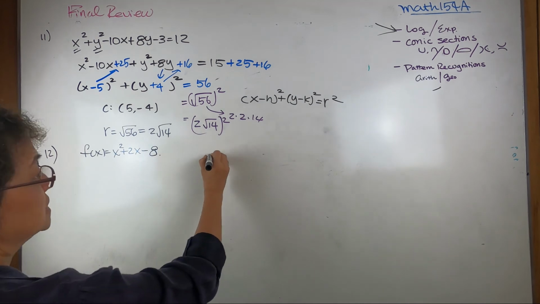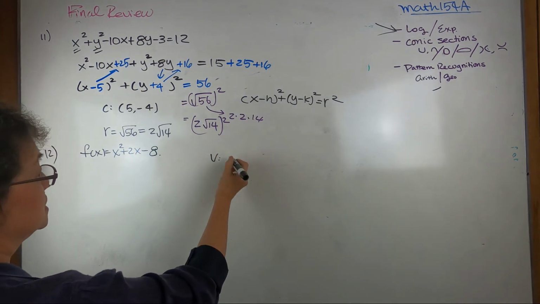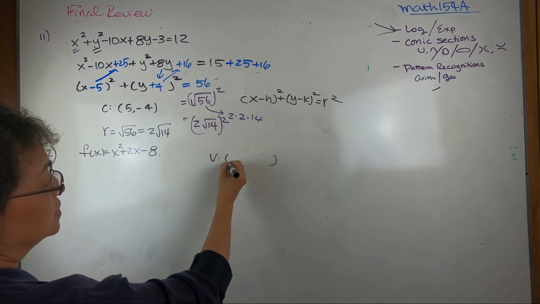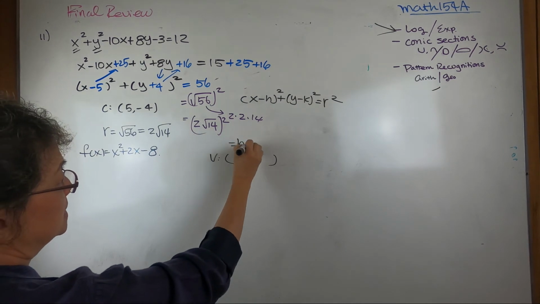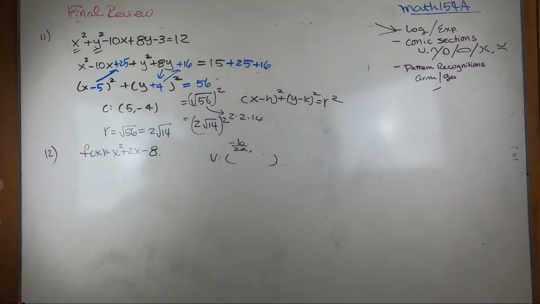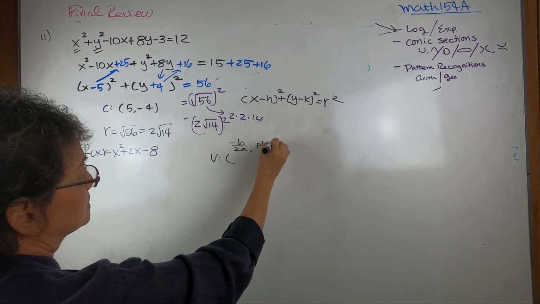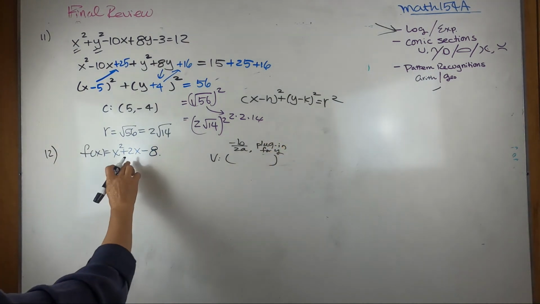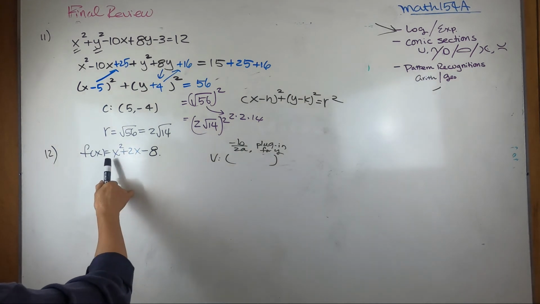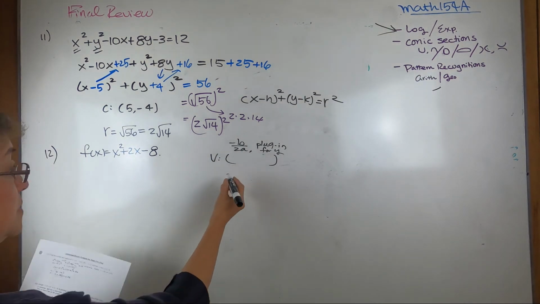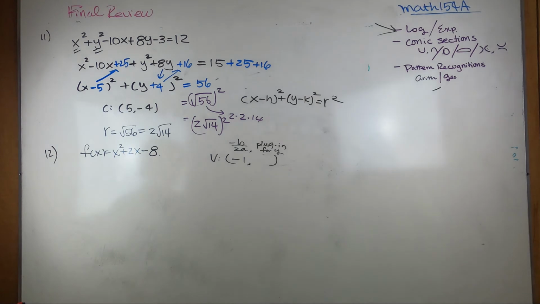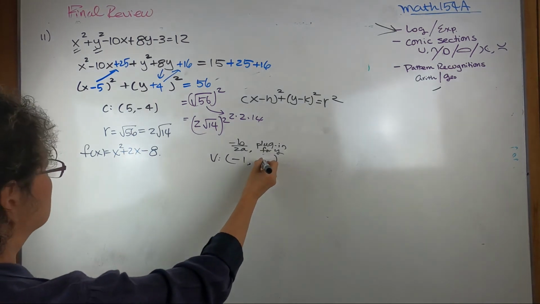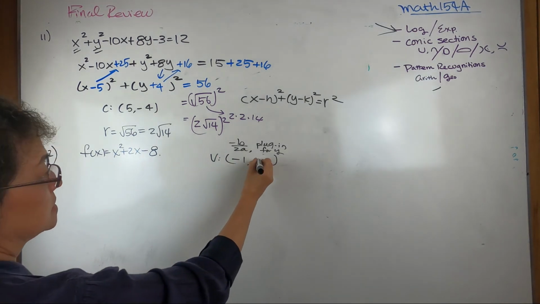So what's the vertex? For the t-table, we say vertex for x is what? Negative b over 2a. Then you plug in for y, right? So b is 2, a is 1, so that would be negative 1. Then you plug in, y is what? 1 minus 9.